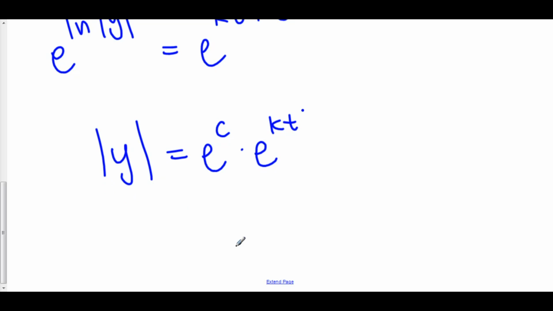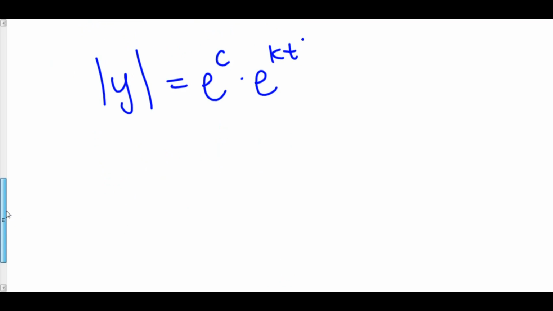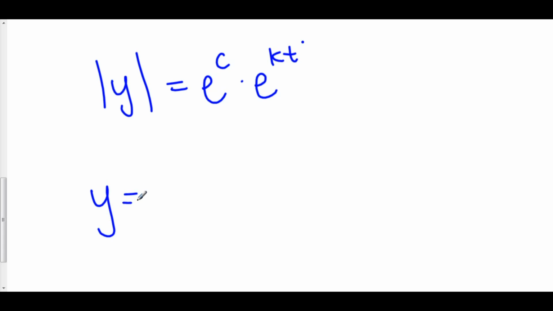It's completely extraneous. So let's rewrite our function as y equals e to the c. Well, c is just some constant, and e is about 2.71, and so on. 2.71 to some constant is just another constant, and that's times e to the kt.